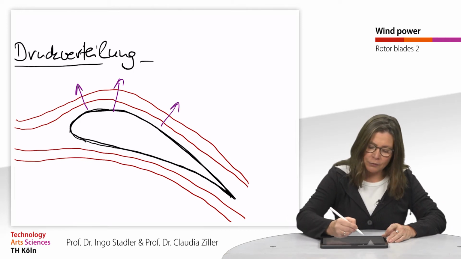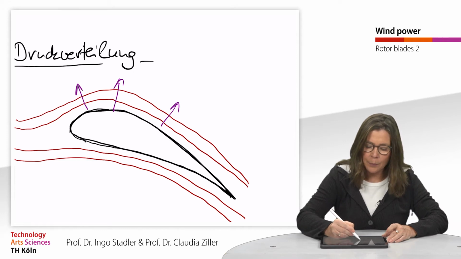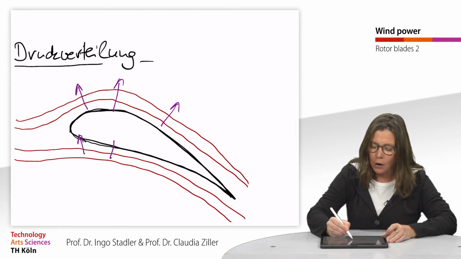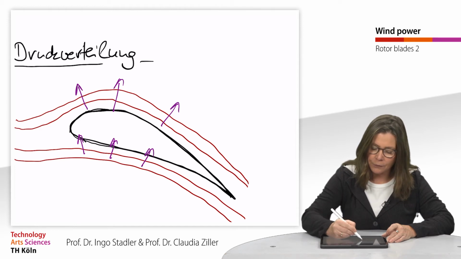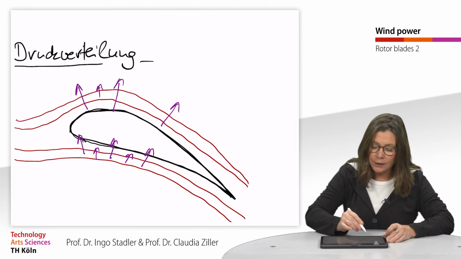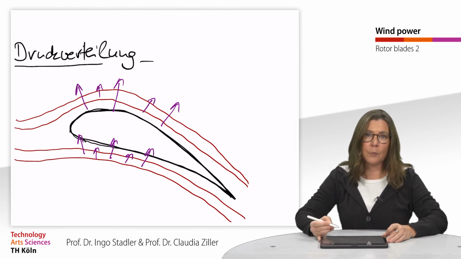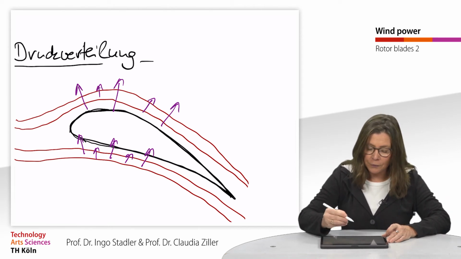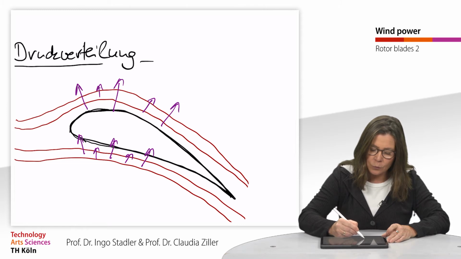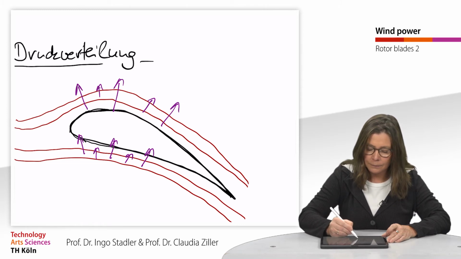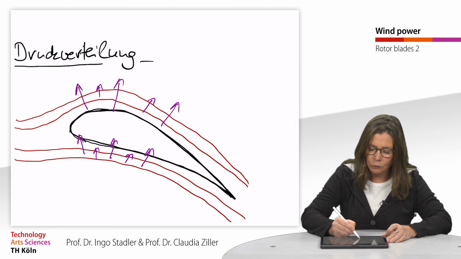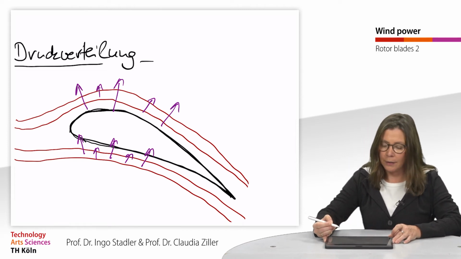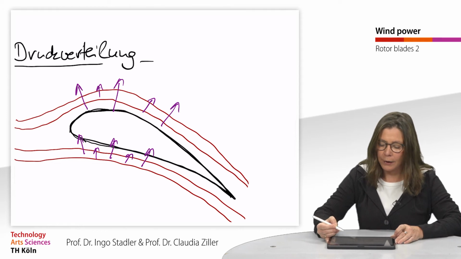So you have centrifugal forces acting on the little parts of the fluid, of the air, above the foil and below the foil as well.